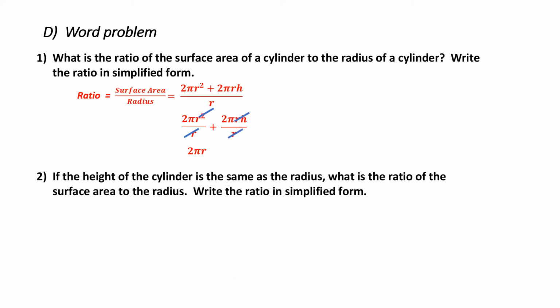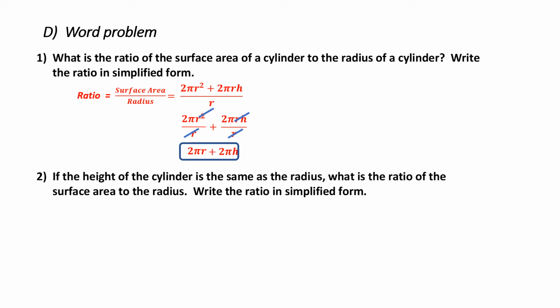So we can divide those. R divided by r is 1, leaving us with 2 pi h, or 2 times pi times the height. Now, notice even though these look very similar, the variables are not the same, which means they are not like terms and we cannot combine them. So that would be my final answer. Or the surface area is 2 pi r plus 2 pi h times as large as the radius.